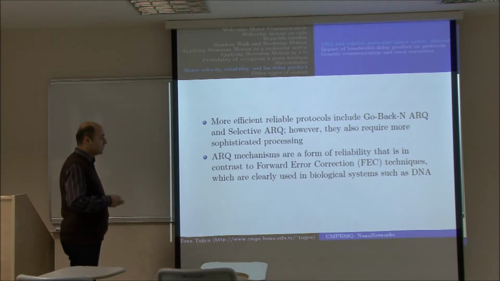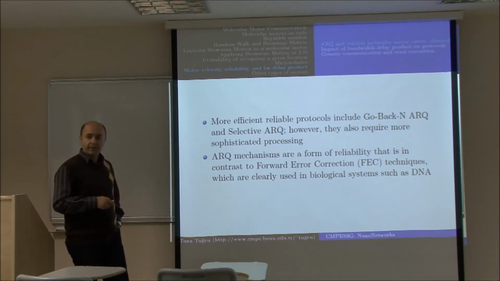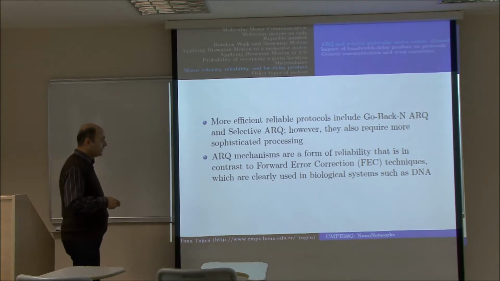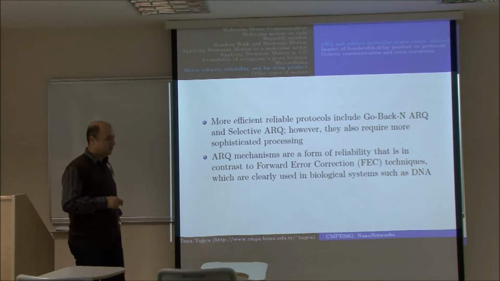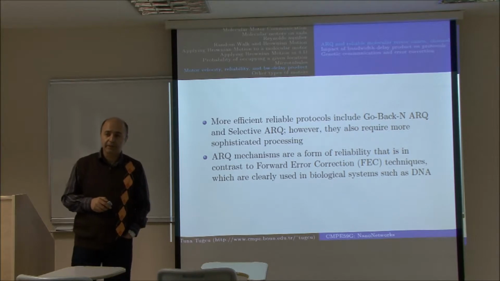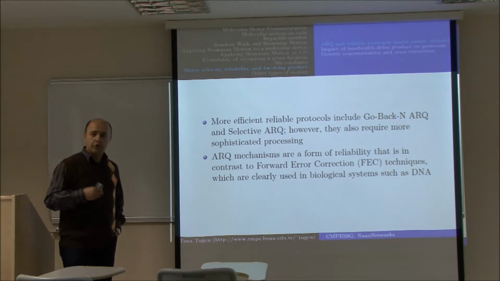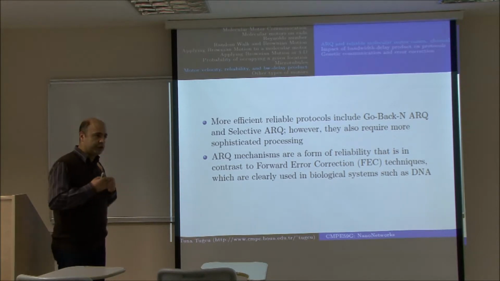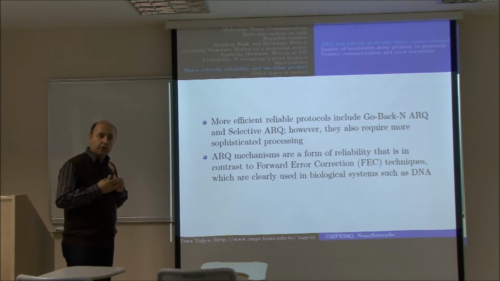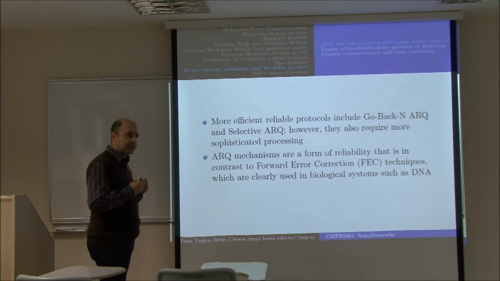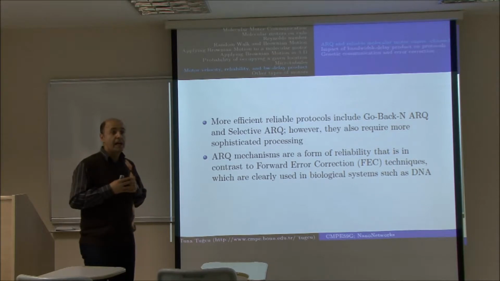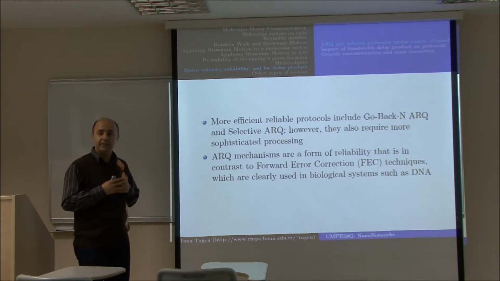ARQ mechanisms are a form of reliability. They provide reliability in contrast to FEC mechanisms, forward error correction mechanisms, in which you don't do retransmission, but in the original message you have sent, you have enough redundancy so that some limited amount of error can be tolerated at the receiver end.